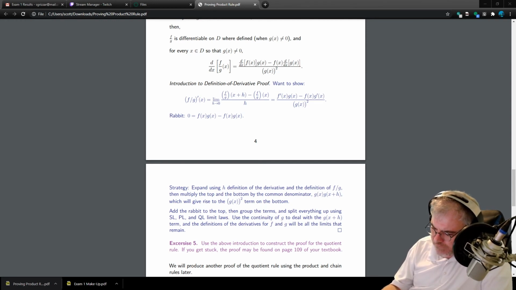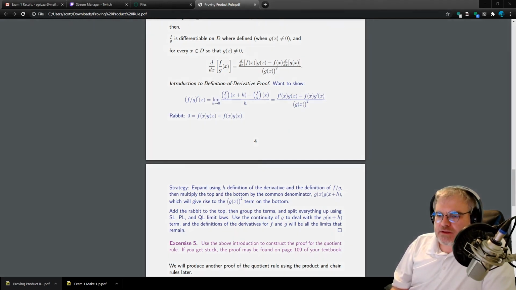Then f over g is differentiable at x, and d over dx of f over g of x equals the derivative of the first times the second minus, oh, I'm sorry. Oh, let's try that again.